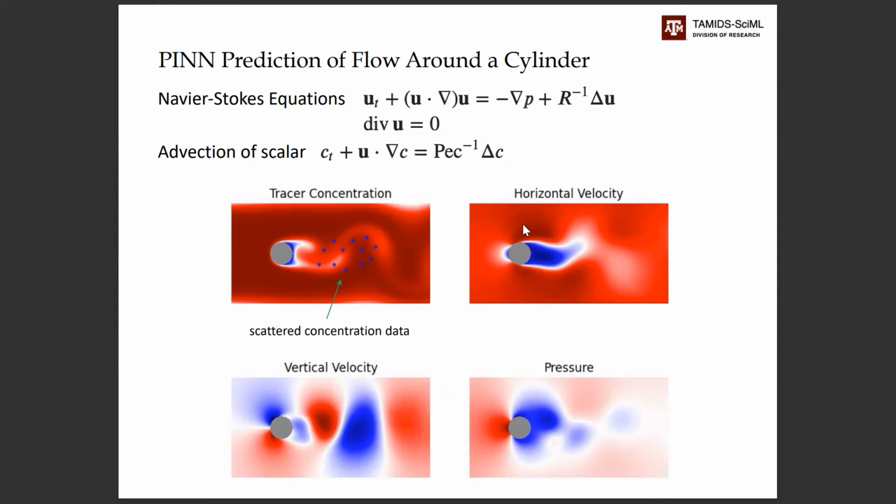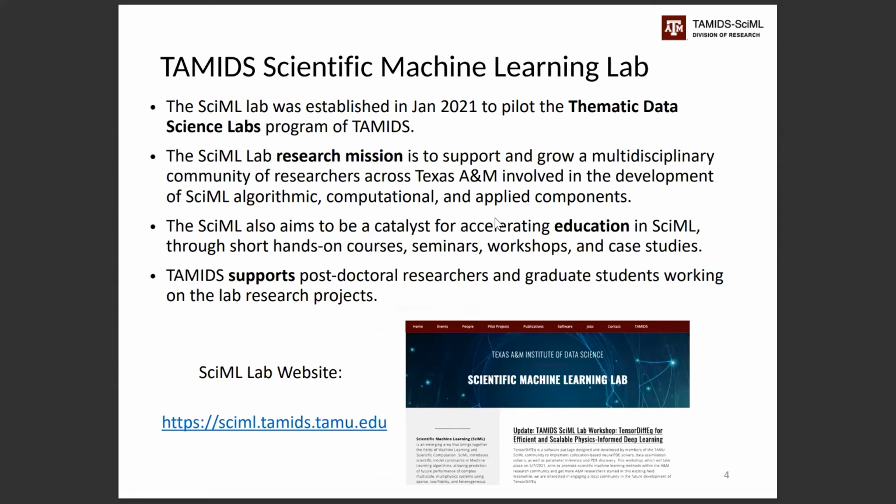The Scientific Machine Learning Lab was established on January 21st, 2021, and it was the first thematic data science lab at Tumbits. Now we have a few more. We support and grow a multidisciplinary community here at Texas A&M that are interested in SciML.